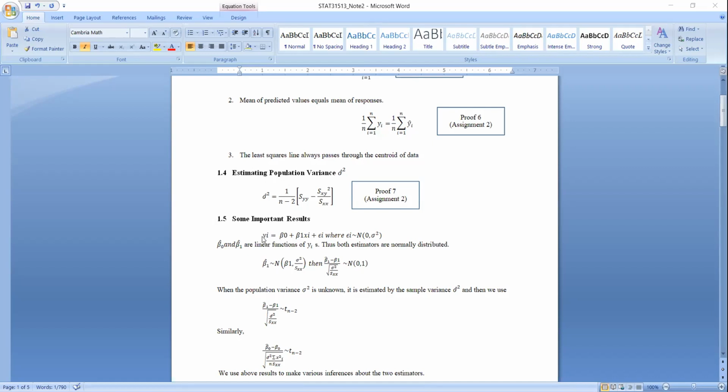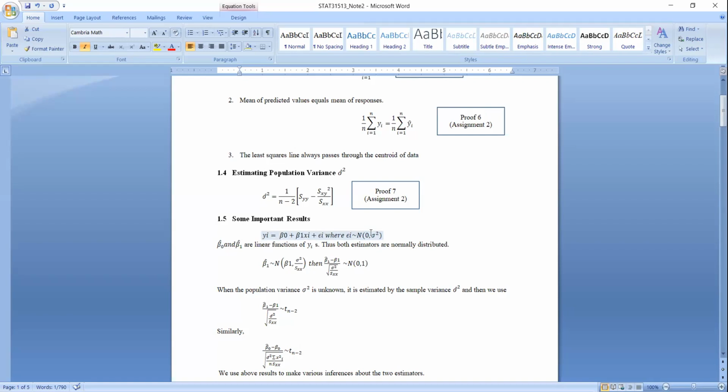Now, this is the fitted regression model when you have one response variable and one x variable, right? You can see yi is equal to beta naught plus beta 1 xi plus epsilon i. Our assumptions are that the residual terms are normally distributed with zero mean and constant variance. Now in this case, we can see that beta naught and beta 1 are linear functions of yi.